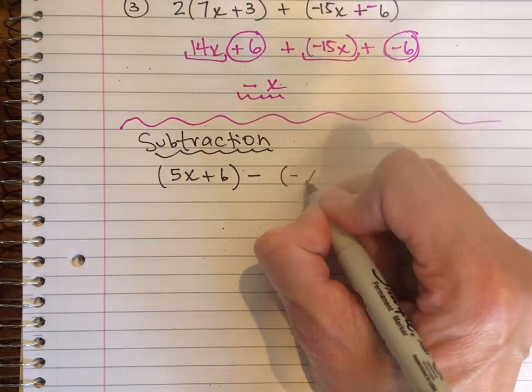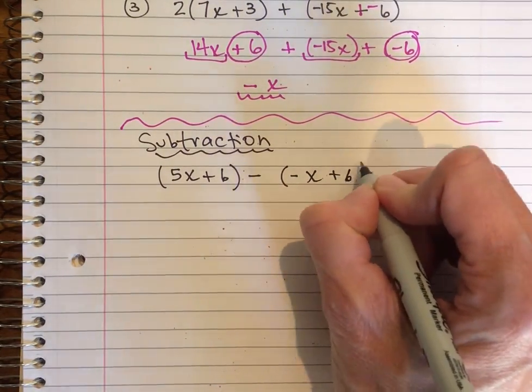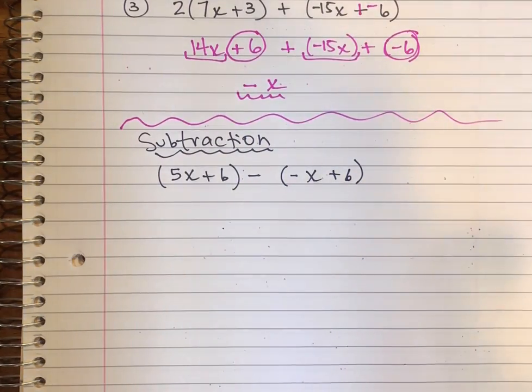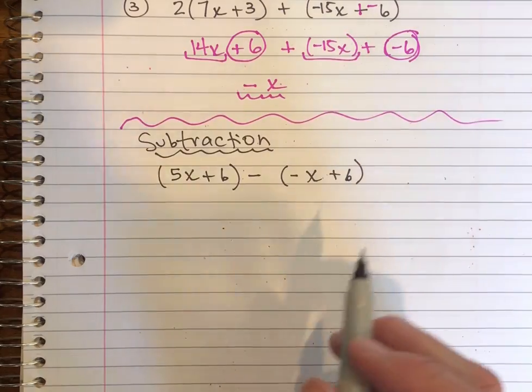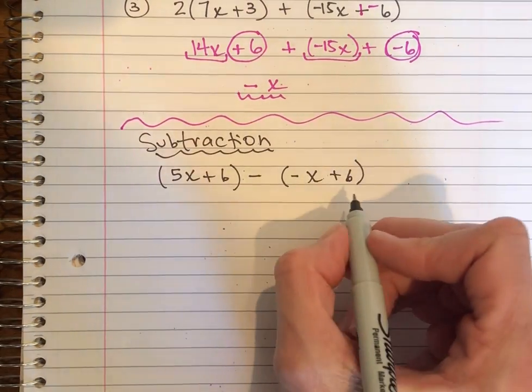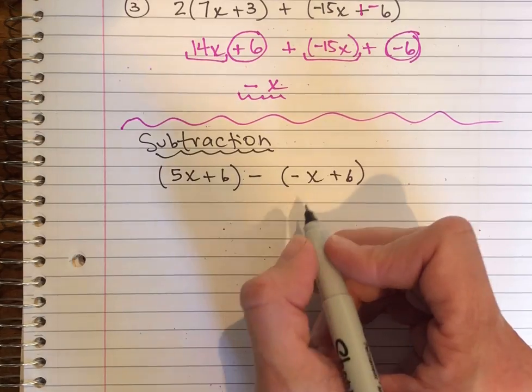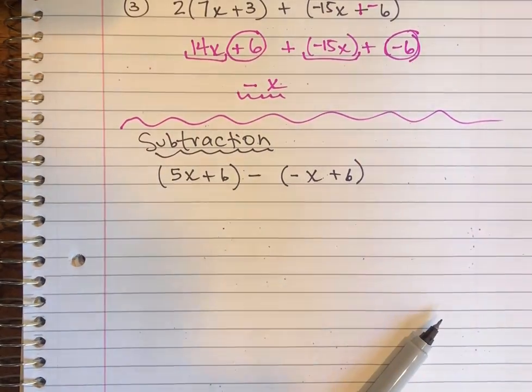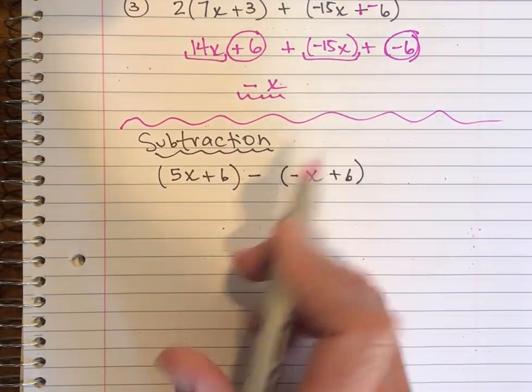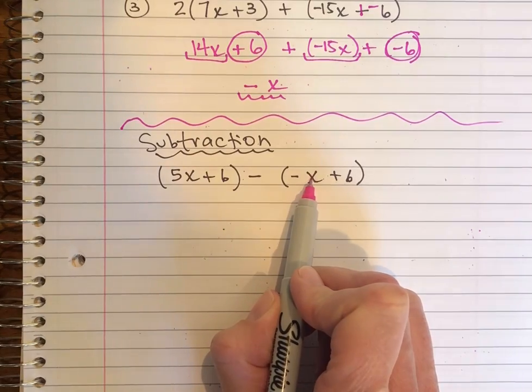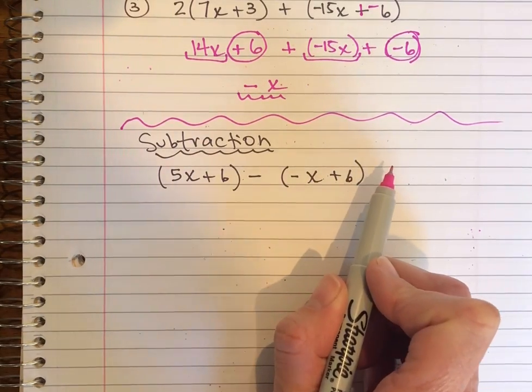This is a -x plus 6. Okay, so we have to get rid of subtraction and add the opposite instead. So this is really important. We're subtracting -x plus 6.